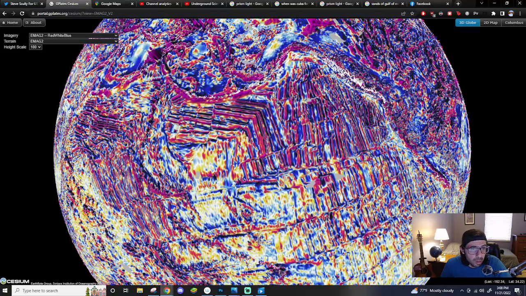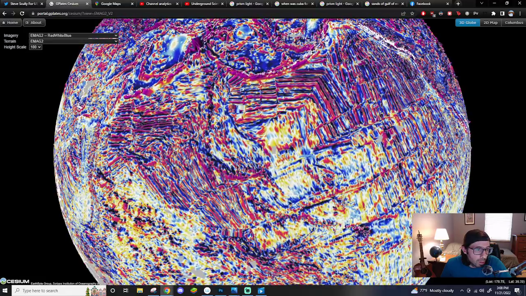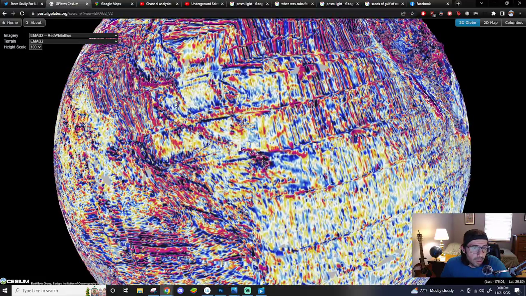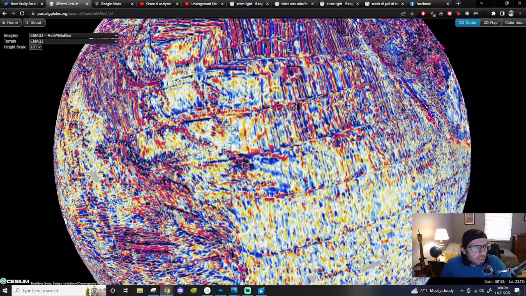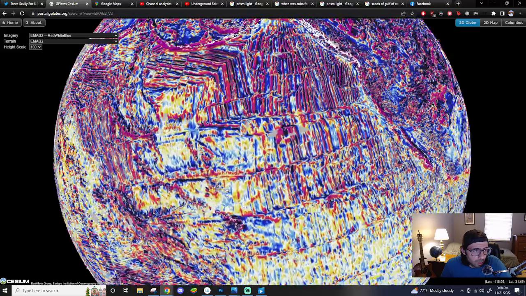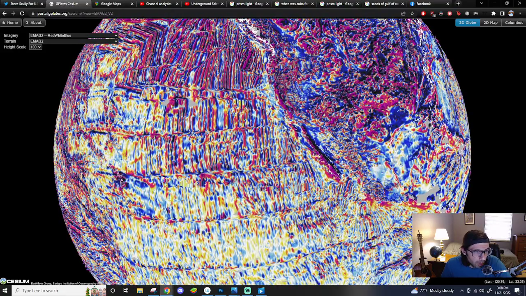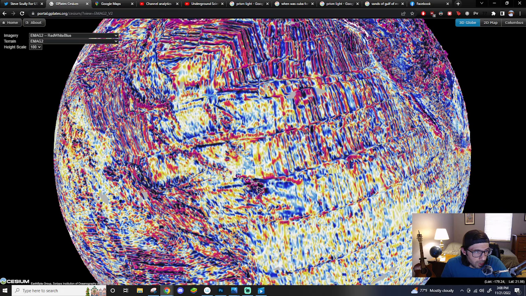Where was it? This is over here. It's like it's forming teeth along the coastline because it's angled this way. It's almost straight across.